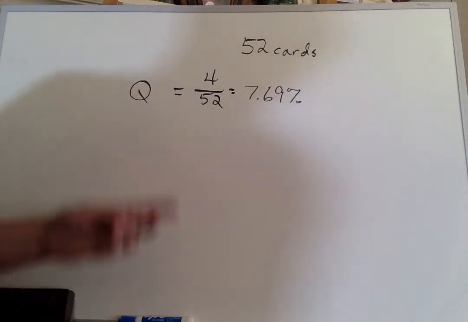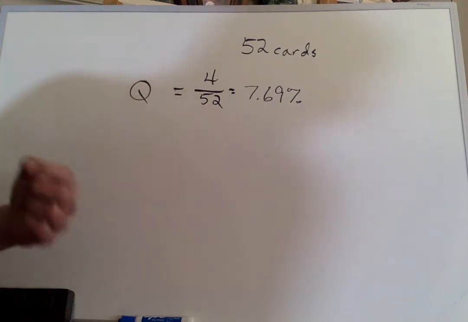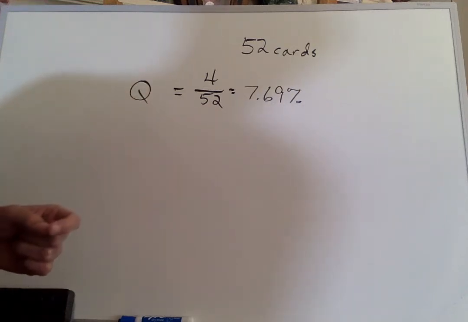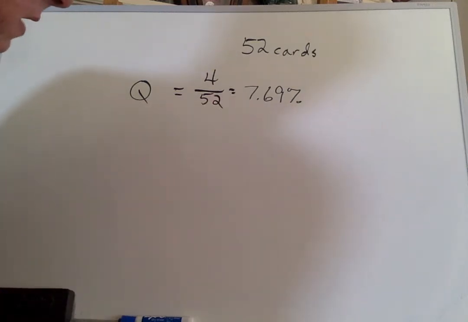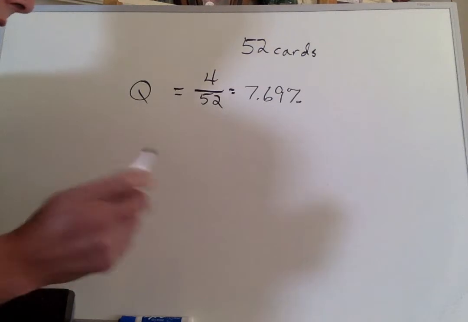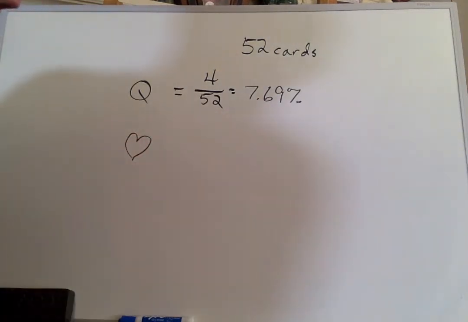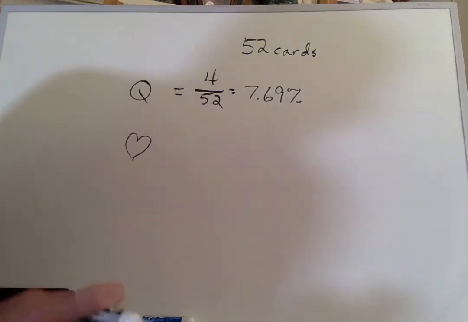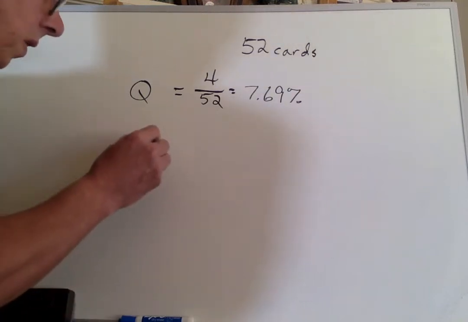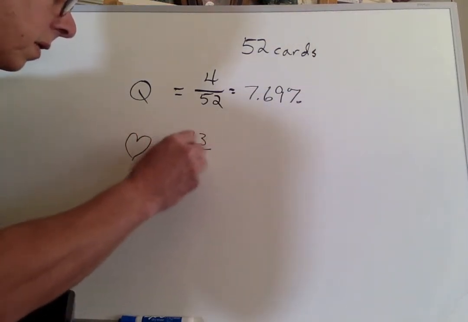So that's the chance of getting any queen, because there are 4 queens: diamonds, hearts, clubs, and spades. And so the probability of getting any queen is 7.69%.